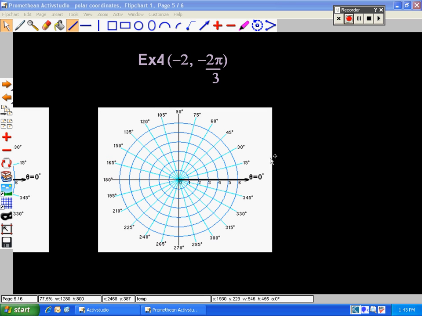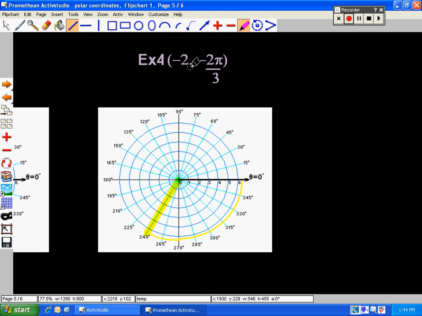For this one, we want to go to negative 2 pi over 3 first. So find negative 2 pi over 3. So I found negative 2 pi over 3. It's this angle right here. So if I wanted to plot my point and it was a positive r, it would be somewhere on this line. If I had a positive r, it would be somewhere on this angle.